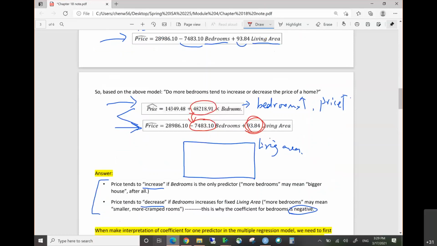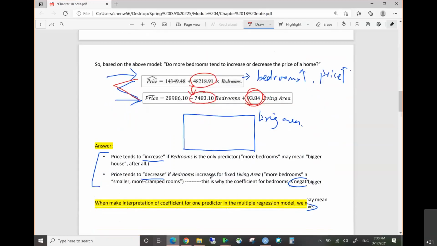So the sign may or may not change depending on the different cases. So that is how you interpret the coefficient differently in simple regression and multiple regression.